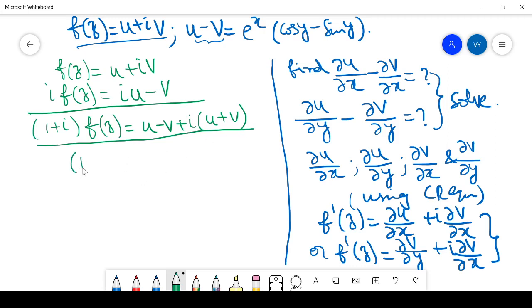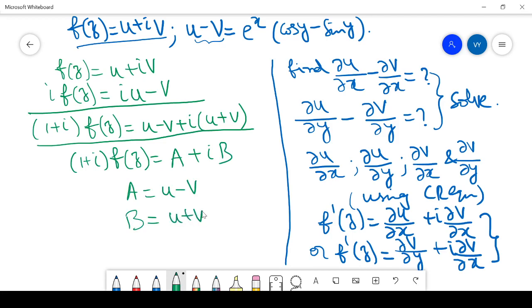Now I will rewrite (1 + i) f(z) as a + ib, where a is equal to u minus v and b is equal to u plus v, the real part and imaginary part of (1 + i) f(z).